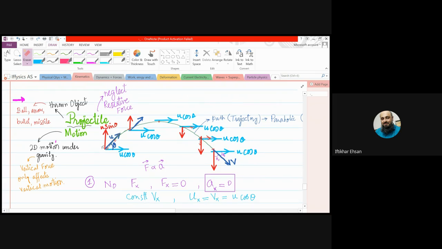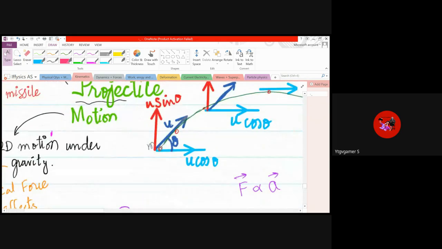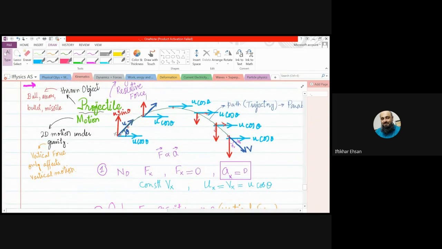Right? Clear? Okay. So projectiles are the thrown objects, and projectile motion is the two-dimensional motion under gravity.